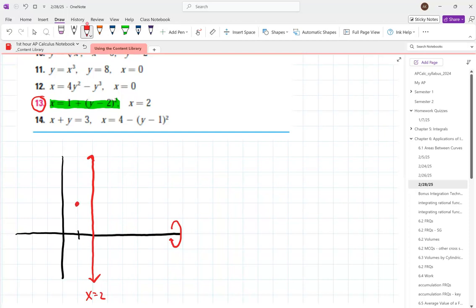And if I plug in 0 for y, I'm going to get 5 for x. Is that okay? You guys see that? So 1, 2, 3, 4. Well, let's do this. I'm just going to plug in 2 for x.